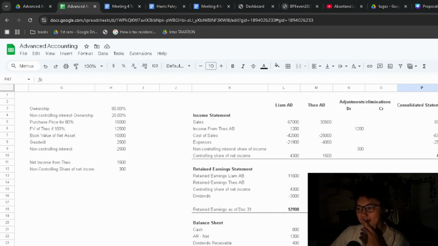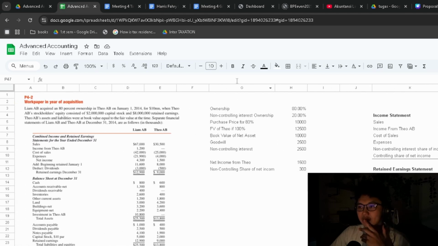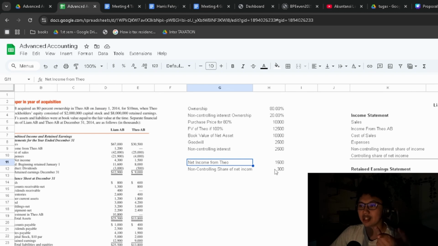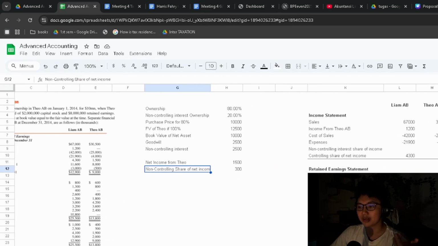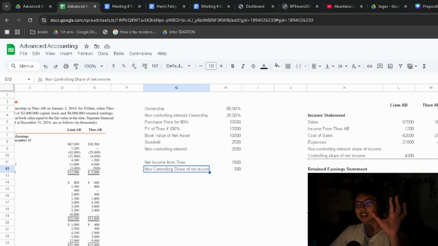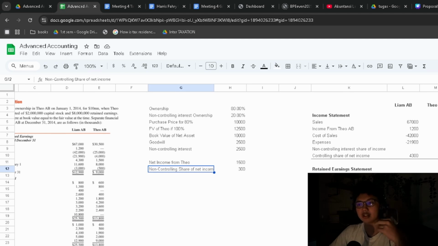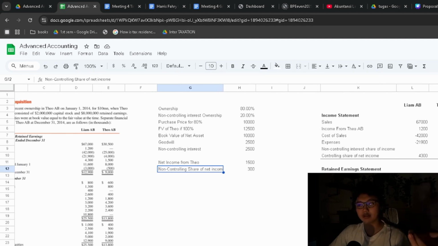So, yeah. Just to recap, first you want to calculate the goodwill and non-controlling interest by using the 100% fair value method. That's how I like to call it. Aside from that, you also want to calculate the net income share and the non-controlling share, basically separating between what we own as the parent and what we don't own as a parent, which belongs to the non-controlling.